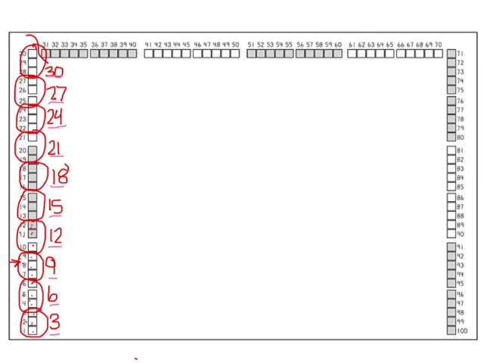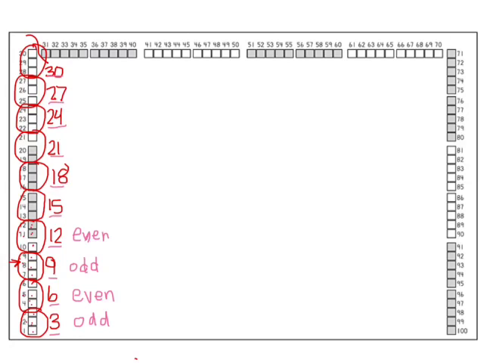Do you notice any patterns in those count bys? I notice that 3 is an odd number and that 6 is even. What is 9? 9 is odd. What is 12? 12 is even.